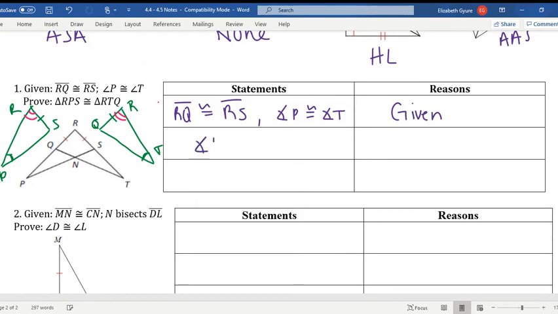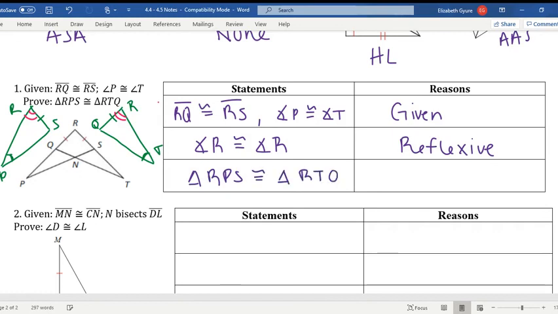Then we're going to say that angle R is congruent to angle R because that was shared. So that's the reflexive property. And then we can say the two triangles are congruent. That's RPS. It's congruent to triangle RTQ. And that is angle, angle, side.